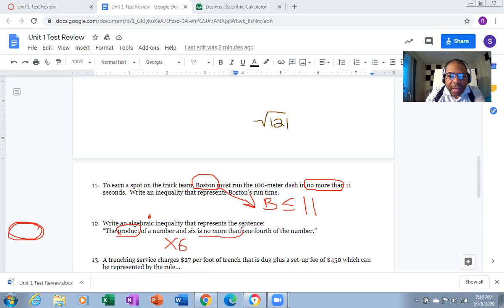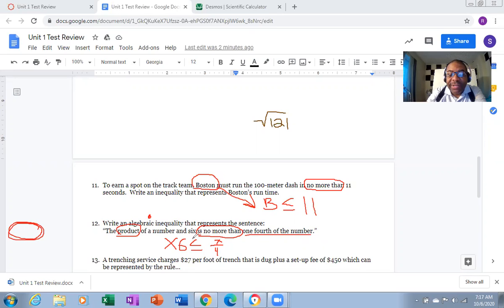is no more than, okay, so that's the biggest you can get. Remember, no more than 1/4 of the number. So that would be x over 4.